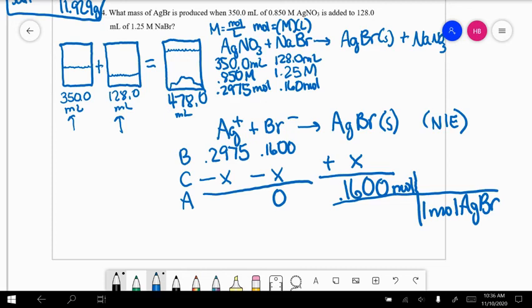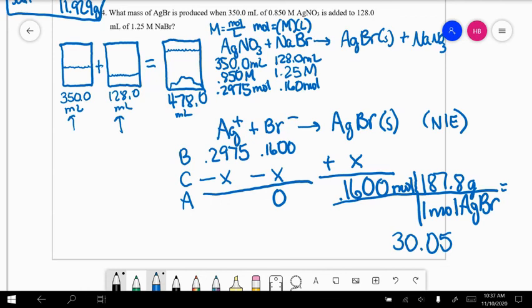So we'll just add the molar masses of silver plus the molar mass of bromine and multiply it by the number of moles, and I get an answer of 30.0.